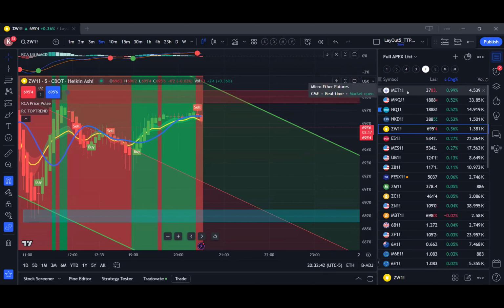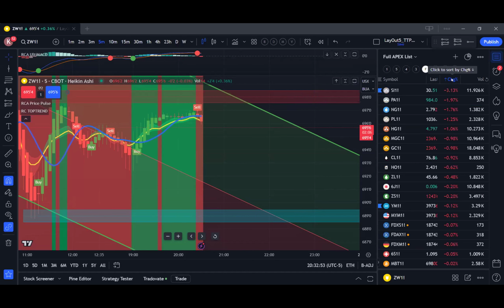Whereas if you sort it, you can see Ethereum nearly 1% up, NQ 0.5. Anything above 1%, either bullish or bearish, is strong momentum or a strong trend. For example, if you see minus 3%, then you know that copper, gold, silver are very, very bearish.